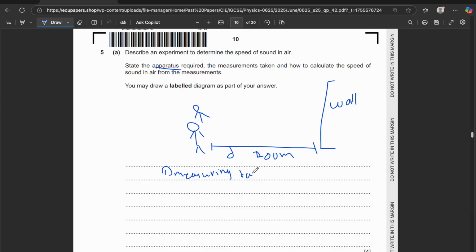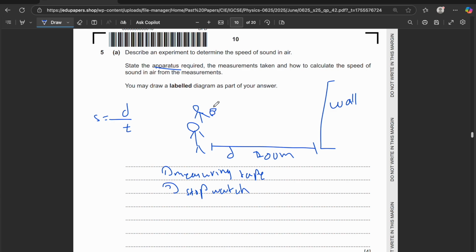and to measure the time, right? Because we need the speed is equal to distance by time. We already know the distance, and time will be measured by stopwatch. And so how you will do it is that one person will be holding the stopwatch, and one person will clap and start the timer when you clap, and then when you hear the echo, you stop the timer.